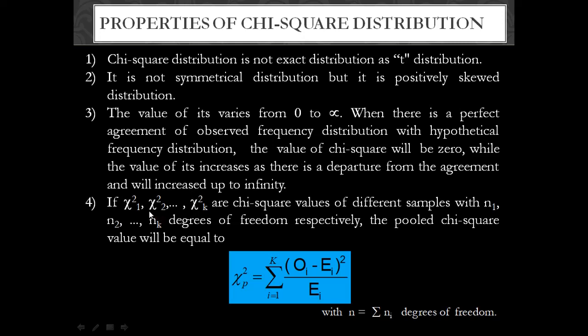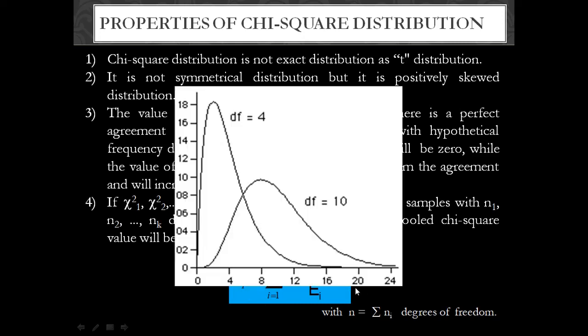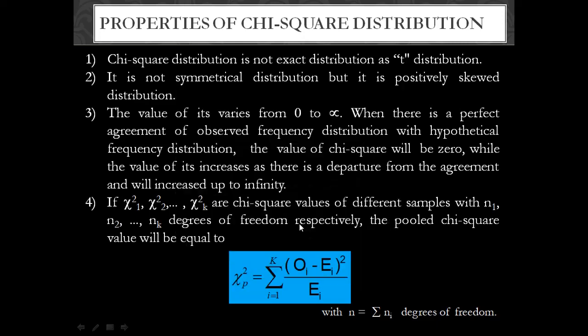Then if you have different chi-square values, you can simply take a sum like this, what we call the pooled value of the chi-square. This is the shape of the chi-square distribution. As the degree of freedom is small, this is the shape; as the degree of freedom increases, this is the shape.